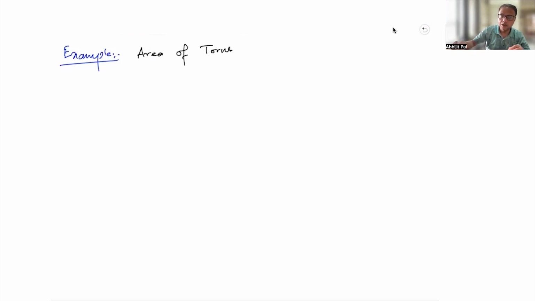Let me recall what my torus is. So these are my coordinate axes. This is the x-axis, this is the y-axis, and this is the z-axis.